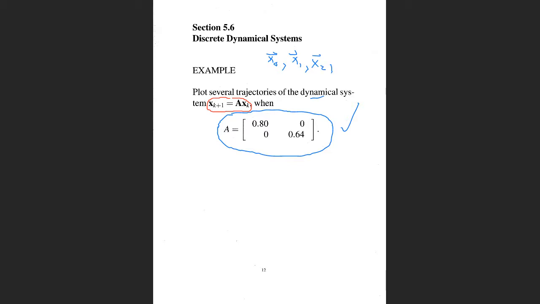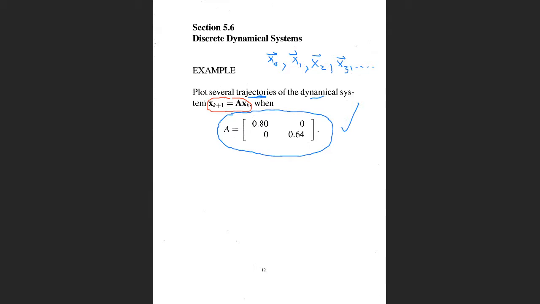And you get a sequence of vectors here, or a sequence of points. We're interested in the behavior of the points. In other words, the sequence of vectors creates a trajectory in two-dimensional space, and we want to know what that trajectory looks like.